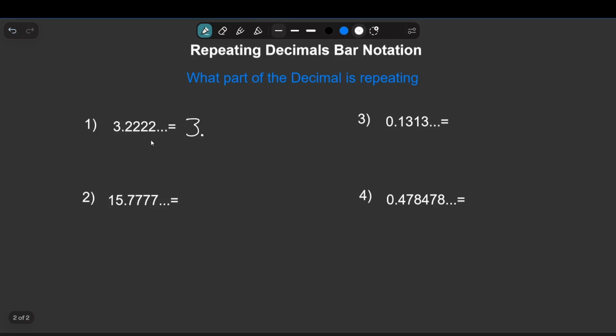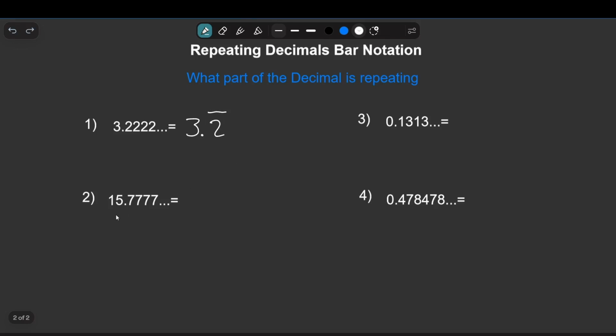If we have the same repeating digit the whole time, we can just write 2, like this, 3.2. We don't have to write 3.22 because it keeps repeating 2. So we have 2, and we're going to just put a bar on top of the 2.